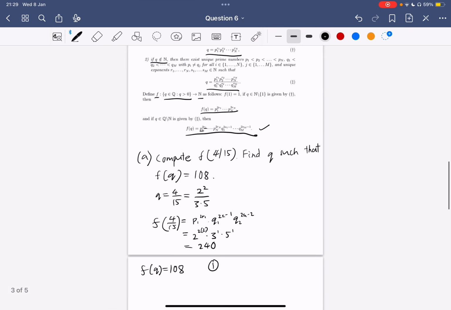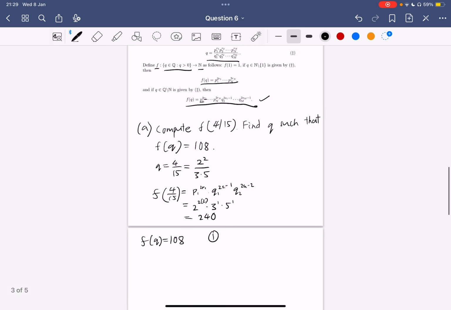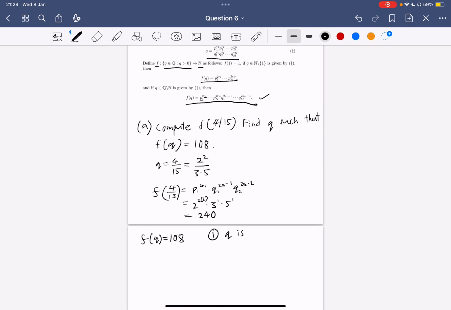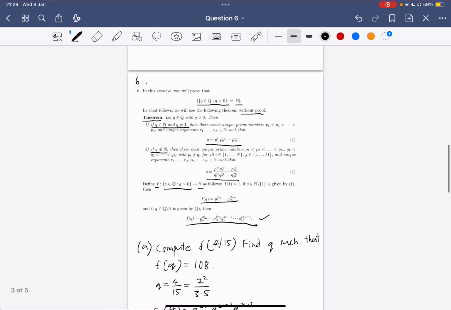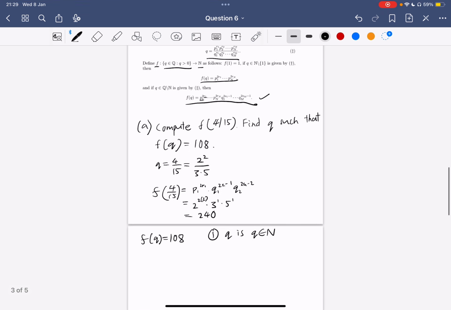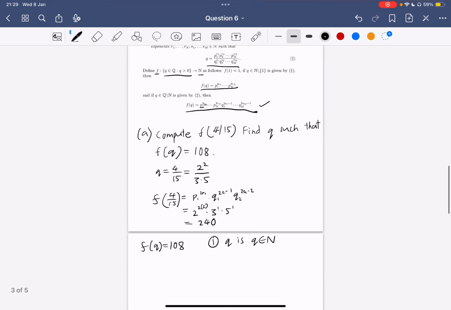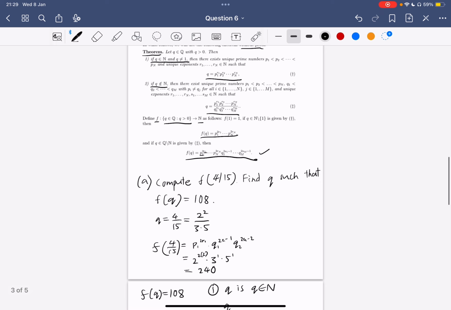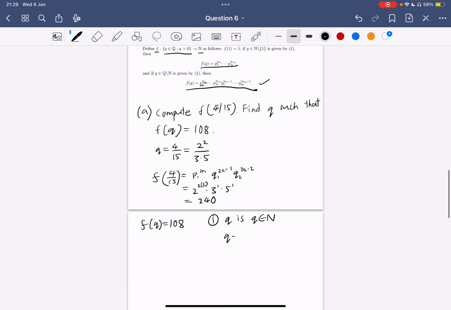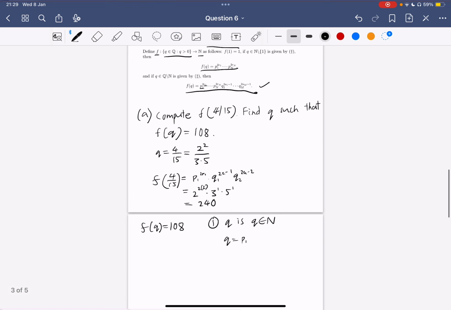In case one, we assume that q is a natural number also.